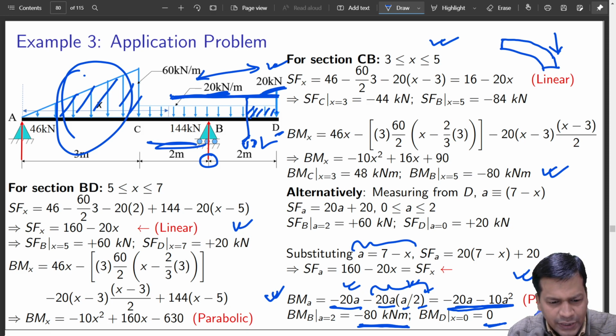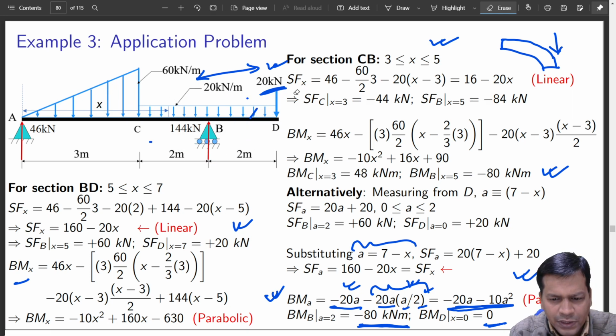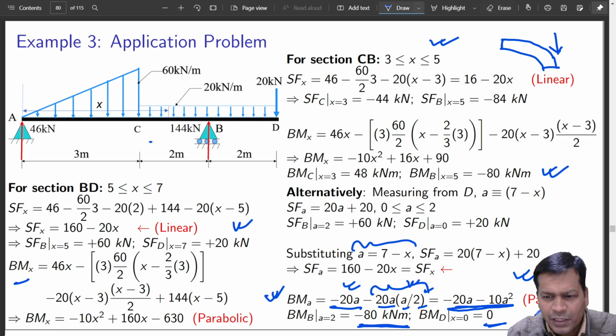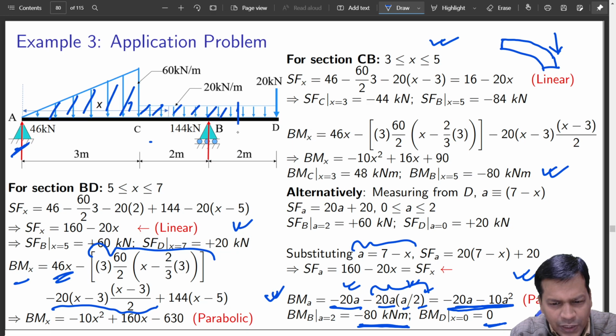Bending moment for the section BD? Yes, see what all loading has come here. I'll just come back once again so that you will remember if it is there or not. So this is 40x due to this focused load. This one is due to the triangular load. This one is due to the uniformly distributed load till here.